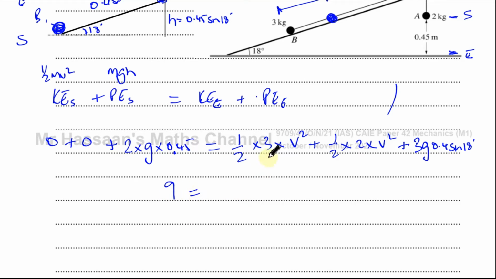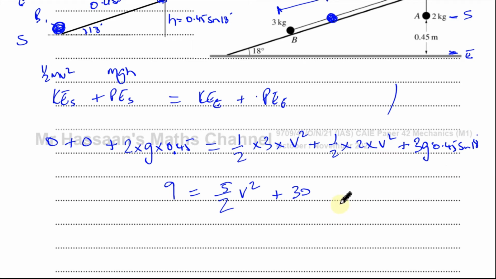And that's equal to 3 over 2 plus 1, that's 5 over 2, v squared, plus 3 times g times 0.45 sine 18. I almost made a silly mistake there. It should be 0.45: 3 times g times 0.45 sine 18.